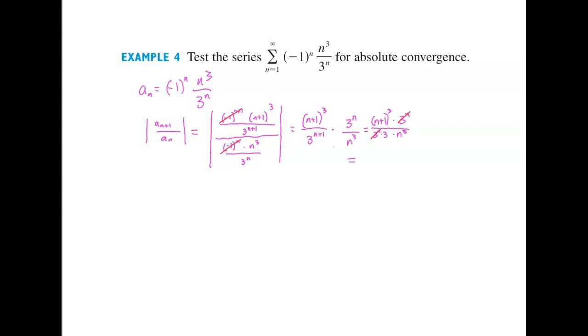All right, so now let's look at this. We have, I'm going to write it as 1/3 times n plus 1 cubed over n cubed. Well, since those are both cubed, I can just rewrite this as 1/3 times the quantity n plus 1 over n, quantity cubed.